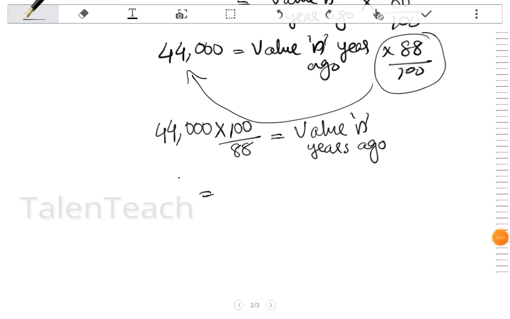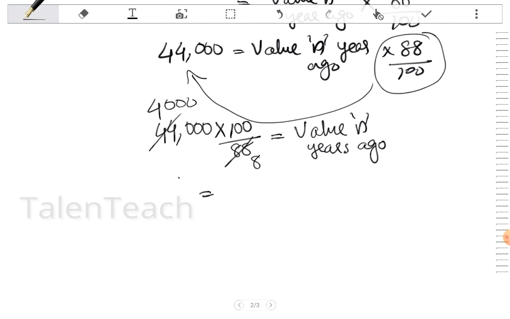Now we can solve this equation to find the value n years ago. So 88 and 44,000 are divisible by 11. So we can cut this. So 11 into 8 is 88, so 8, and 11 into 4 is 44, so 4 and these 3 zeros, 1, 2, 3. So we got 4,008.